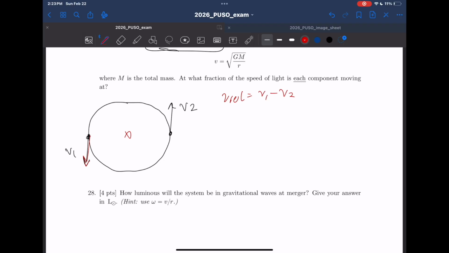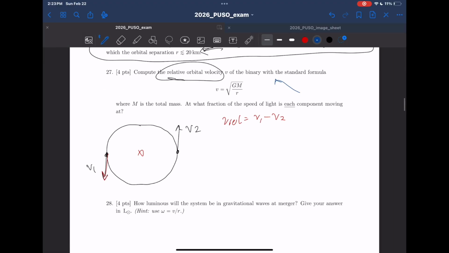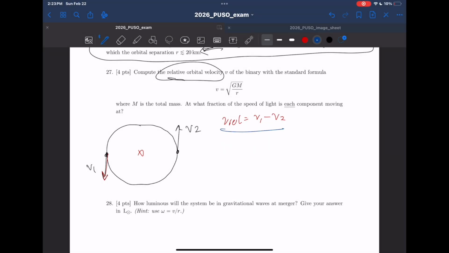This is our v1 velocity. This is for the center of mass system, right? So for the center of mass system, you have v_rel equals v1 minus v2. For v2, you're going to take this vector, flip it the other way, and this is your v2 now here. So your total v_rel looks like this.